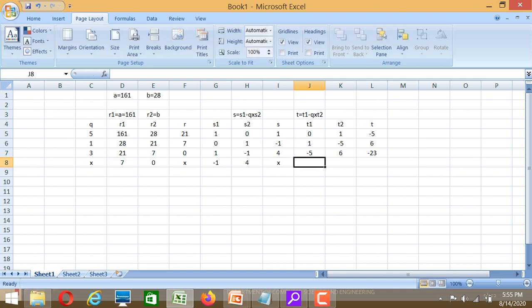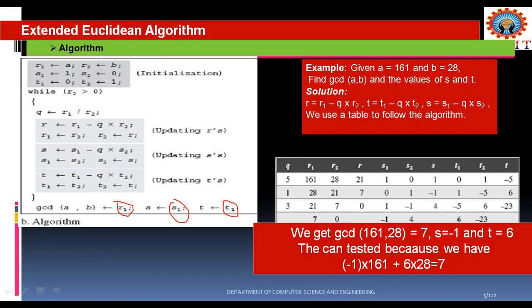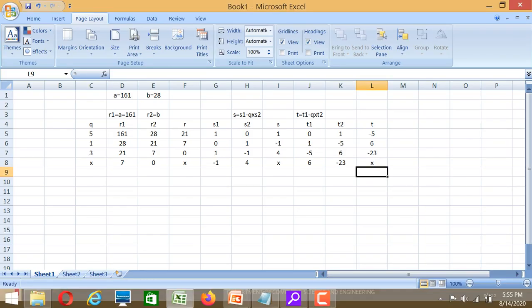Now this 6 becomes T1, this minus 23 becomes T2. So this is the 7, 0, minus 1, 4, 6, minus 23.